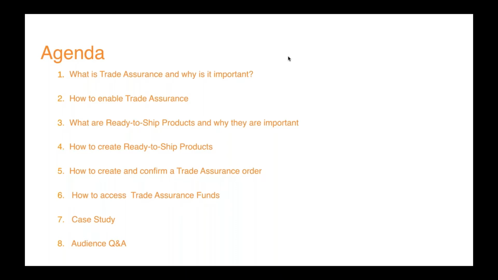We are going to go over what trade assurance is and why it's so important, how to enable trade assurance, what ready-to-ship products are and why they are important, how to create ready-to-ship products, how to create and confirm a trade assurance order, how to access your trade assurance funds, a case study of a supplier that used trade assurance and how it impacted their business, and at the end, we will have a Q&A with any questions that you may have.